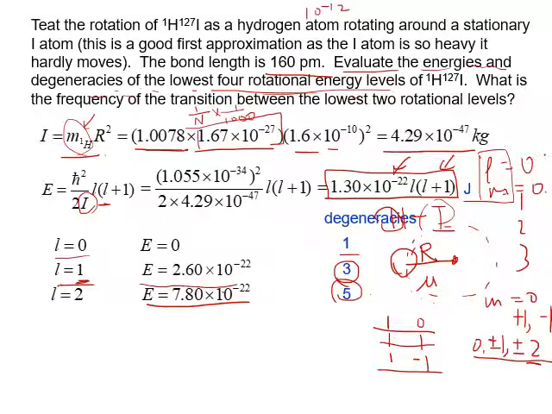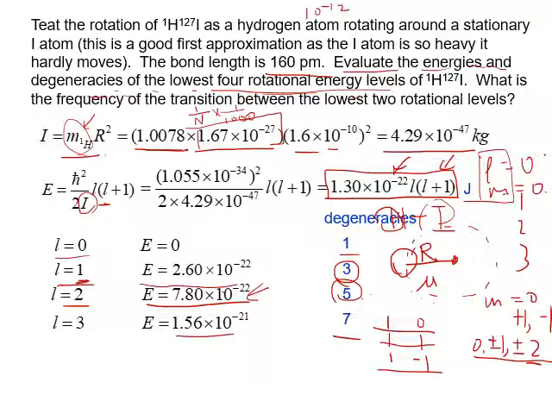Same energy, because energy is only determined by L, but the wave function is determined by 2 quantum numbers, L and M. Similarly, L equals 3: this is the allowed energy, and the degeneracy is 7.